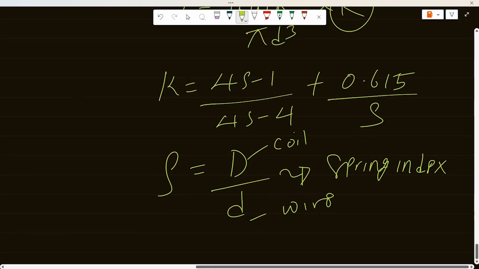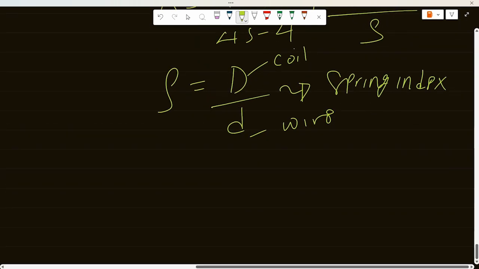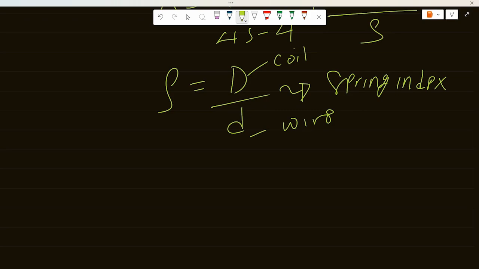So I want you to note something. When you are solving questions with this, don't include the Wahl's correction factor unless it is asked for you to include it. And how do they ask you to include it? The question might say, including the bending effect, including the shear stresses. That's when you include the Wahl's correction factor.